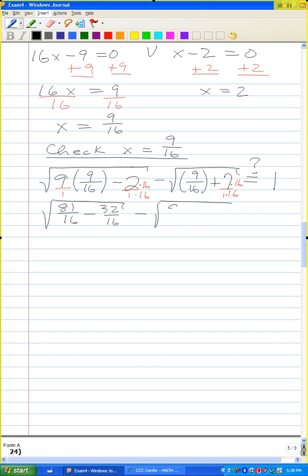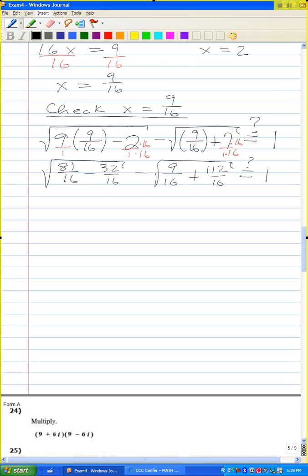So 9 over 16 plus 112 over 16. And so I get 81 minus 32, 49 over 16, minus the square root of 9 plus 112, 121 over 16. Is that equal to 1?